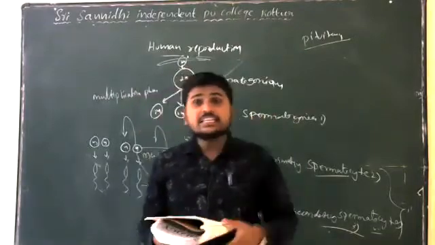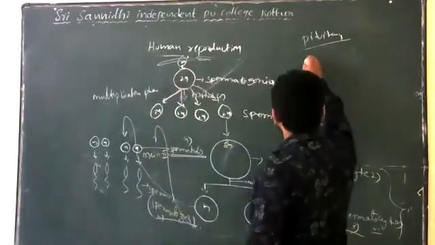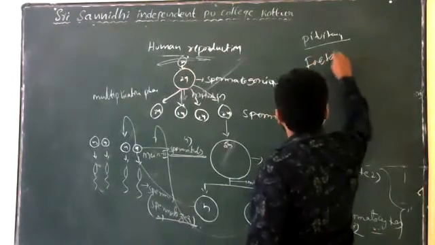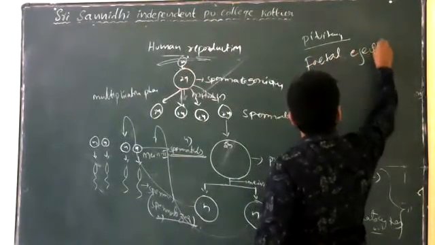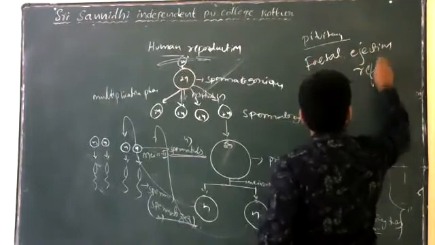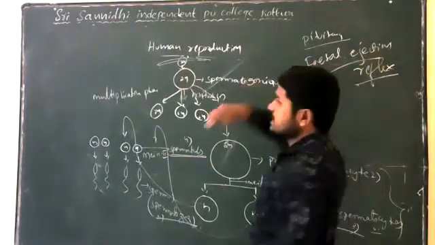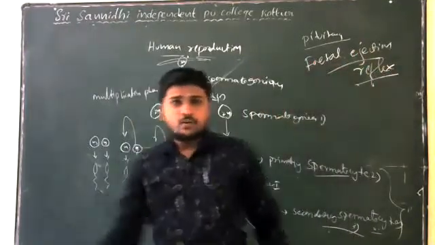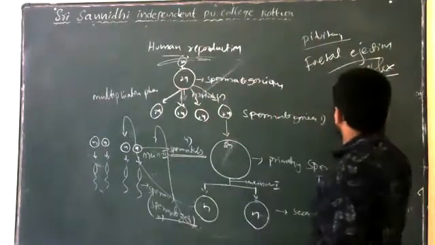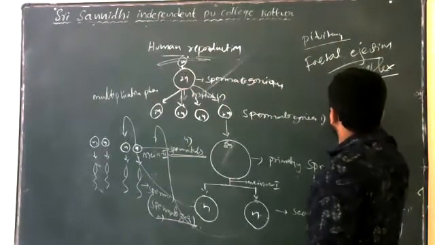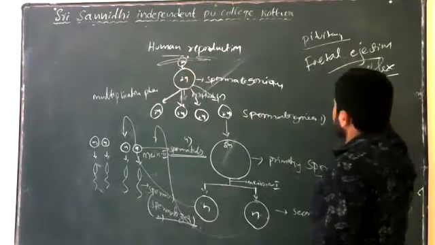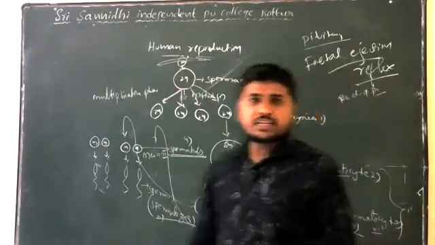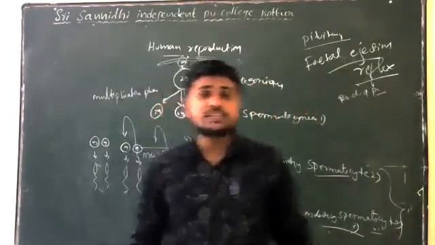When there is a fetal ejection reflex. Whenever there is a fetal ejection reflex originating from the fully developed fetus and placenta, remember, the placenta does not secrete oxytocin. Which hormones are secreted by the placenta?